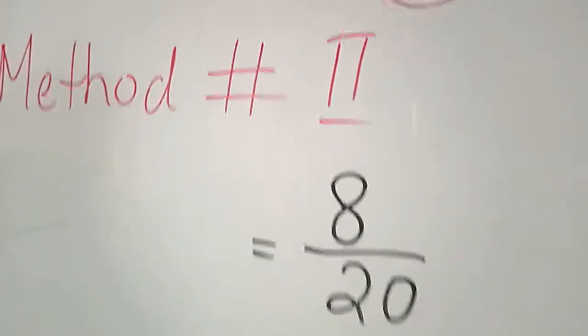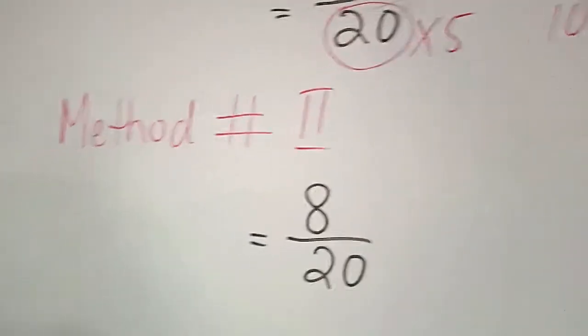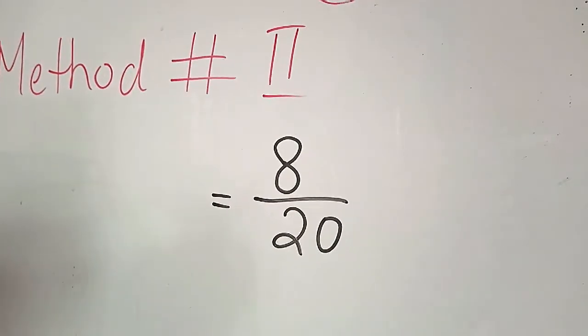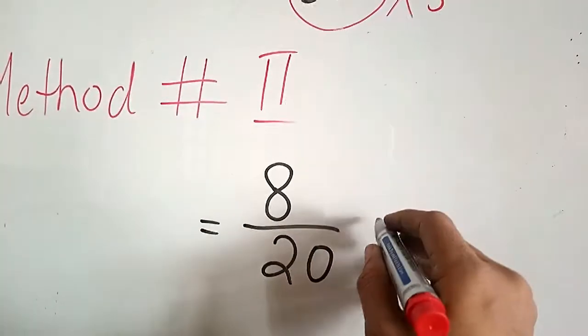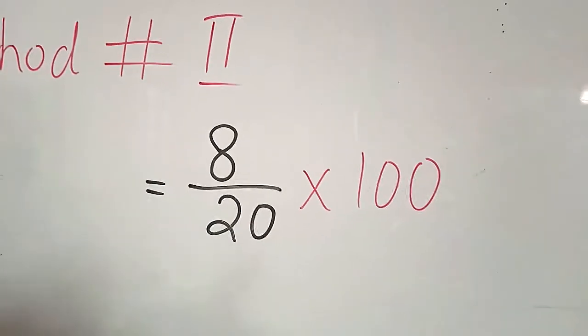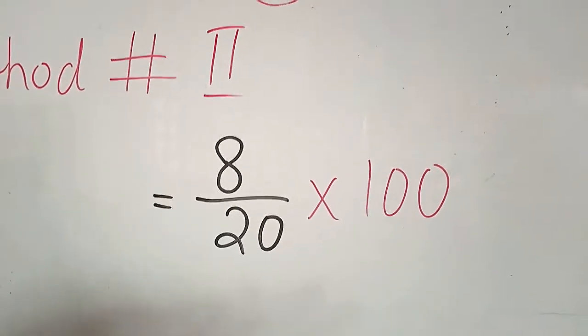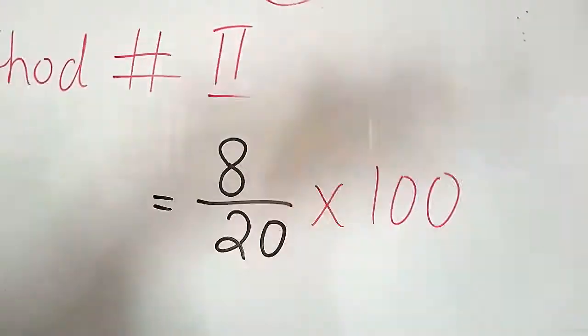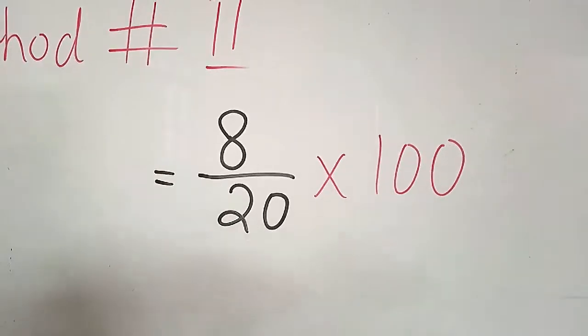Now in case of method number 2, beta, I'm again and again telling you method number 2 is too easy, and you will simply multiply by 100. In any case, whether you are converting a fraction or a decimal, just simply multiply by 100 and then you will get your answer.